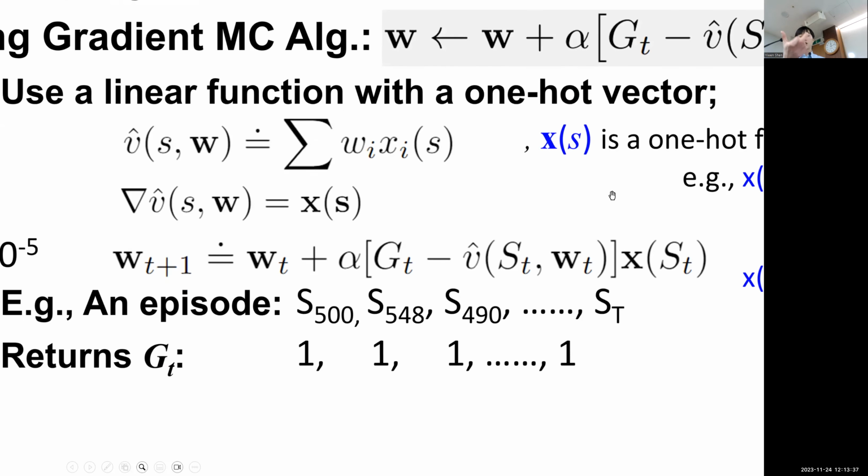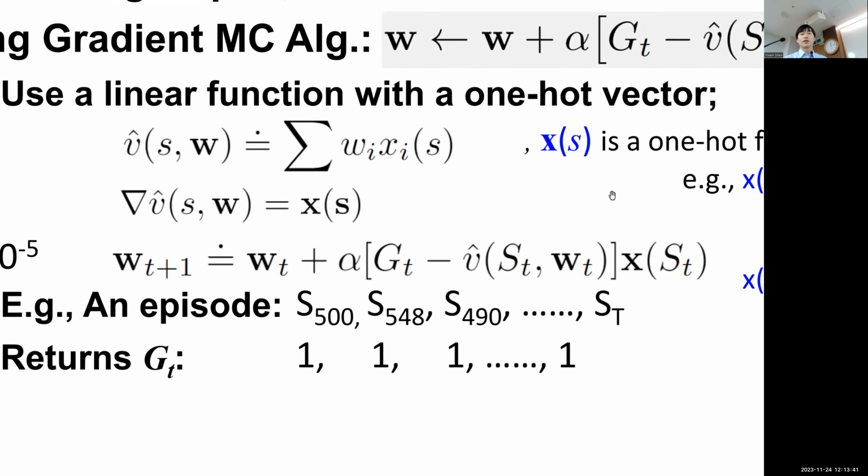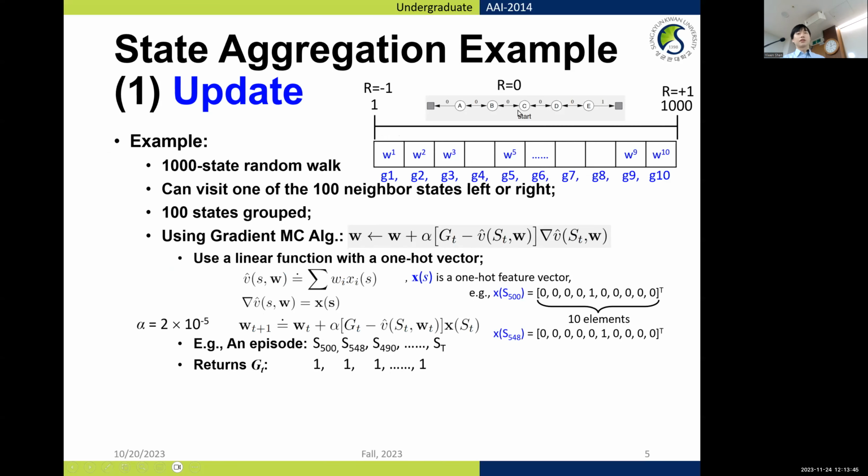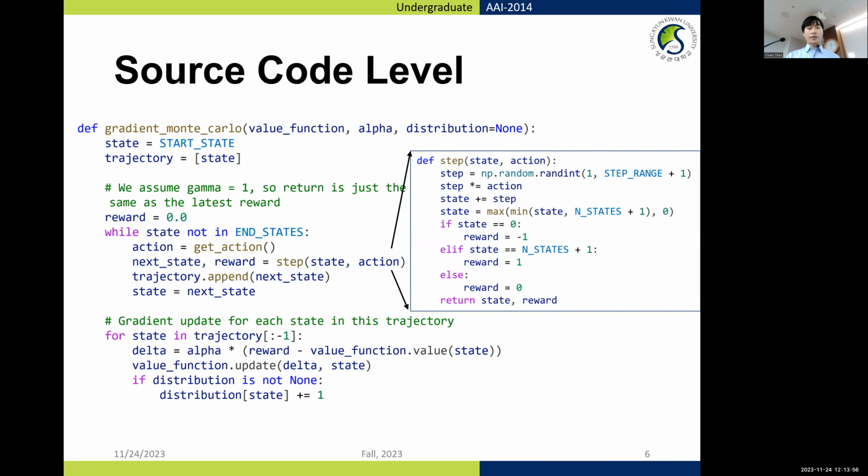So the size of the trajectory is not fixed. It depends on the problem setting, because it depends on the action probability, either moving to the left or right. Okay, this is the update for the previous problem setting.